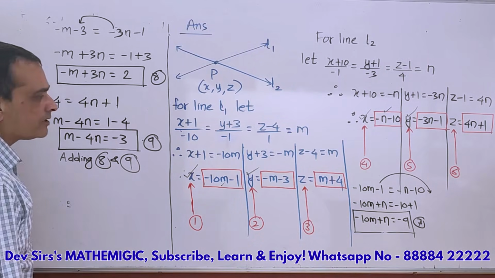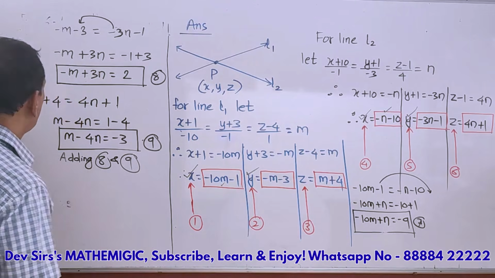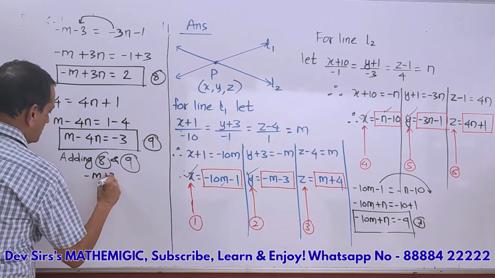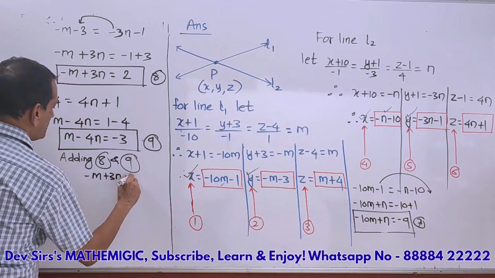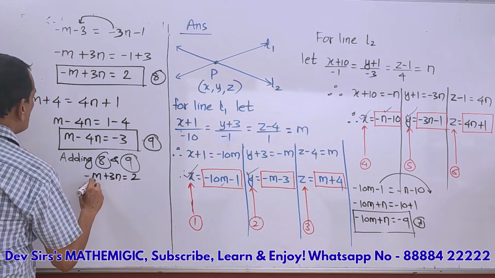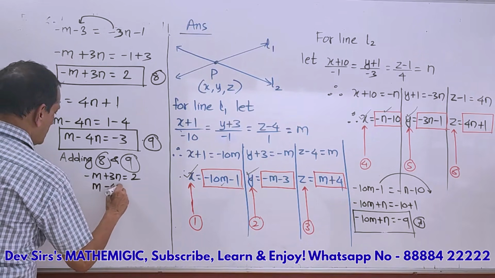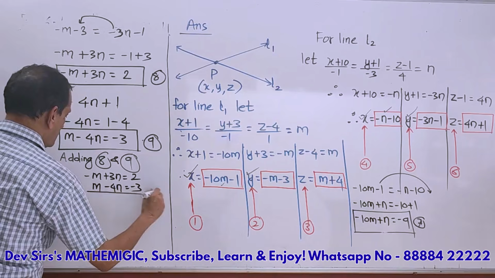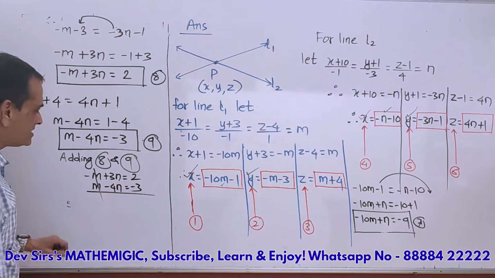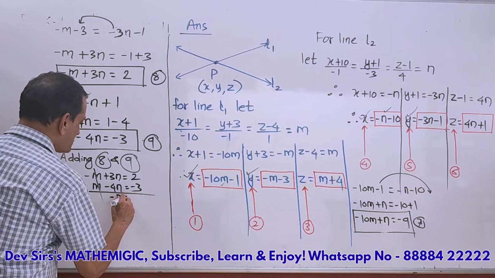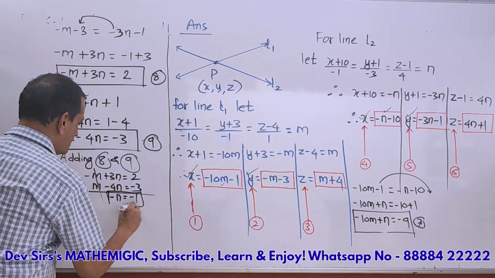Now add. Simultaneous equations: 3n minus 4n is minus n, 2 minus 3 is minus 1.